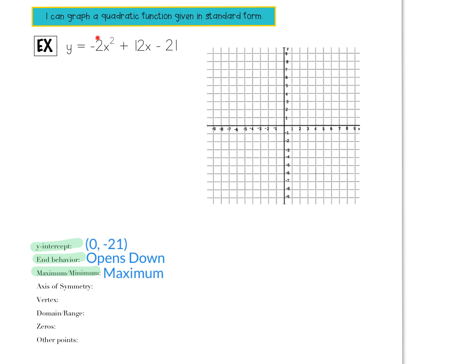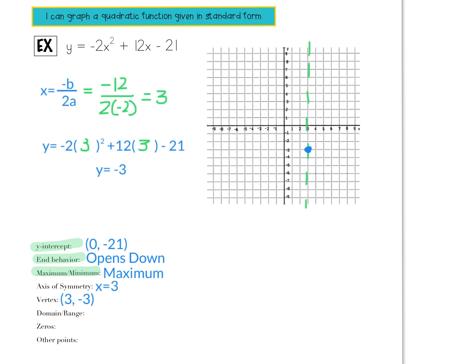I see that the a term is negative, so it's going to open down, which if it's opening down, that would make my vertex the maximum. Alright, so now I'd like you to pause the video and see if you can calculate the axis of symmetry and the vertex. Alright, so hopefully you were able to use the opposite of b over 2a formula to determine that the axis of symmetry is at x equals 3.